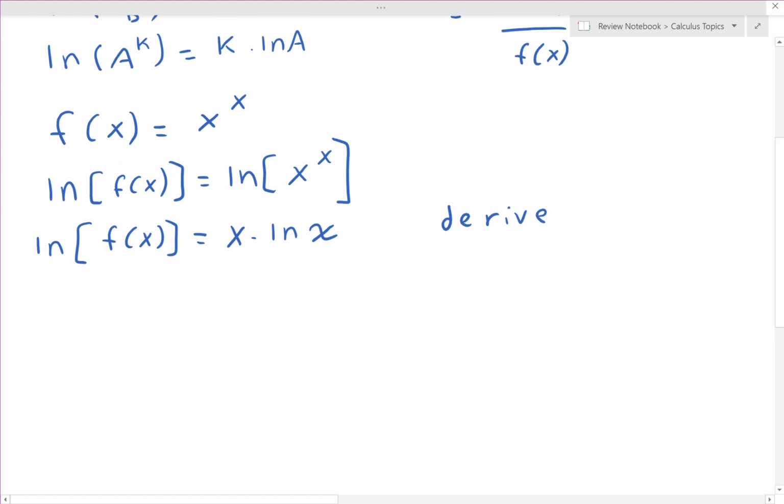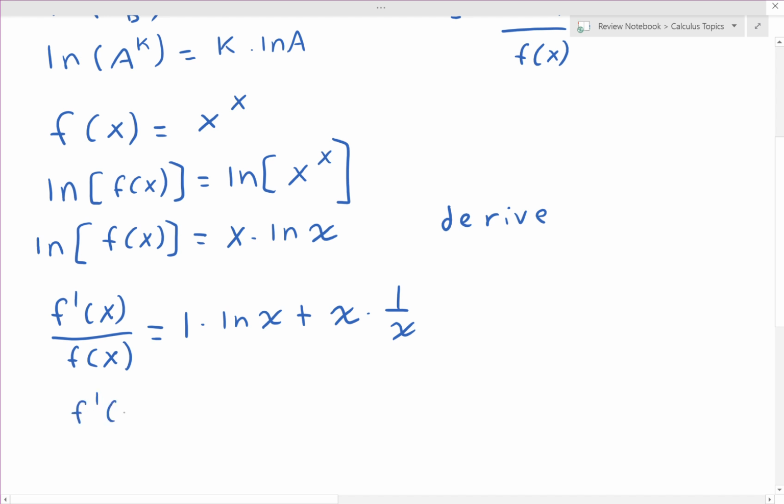We know that the derivative of ln of f of x is the derivative over the function, and then that's equal to the product rule on the right side. So the derivative of the first term, which is x, would be 1 times ln x, plus we would have x times 1 over x.